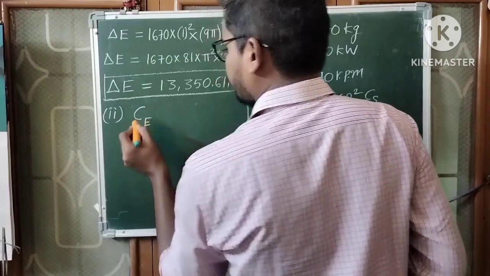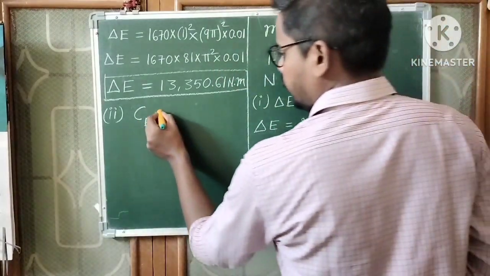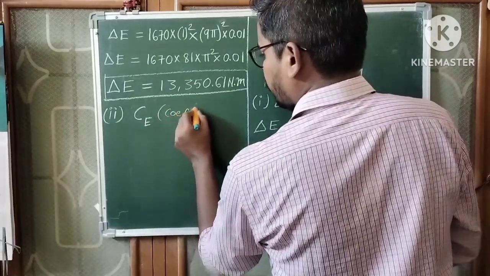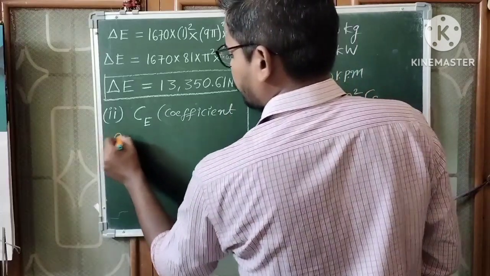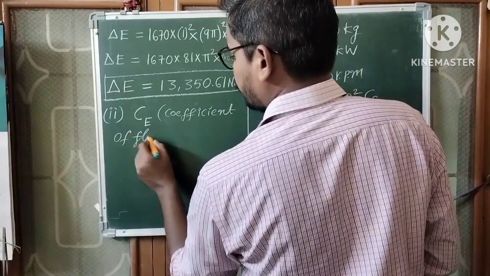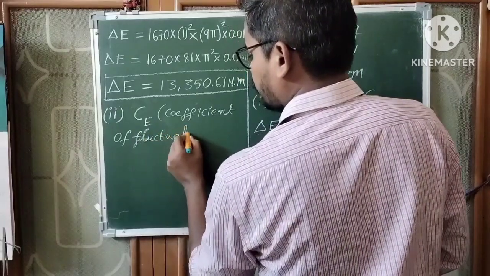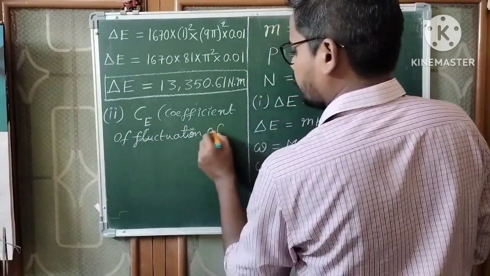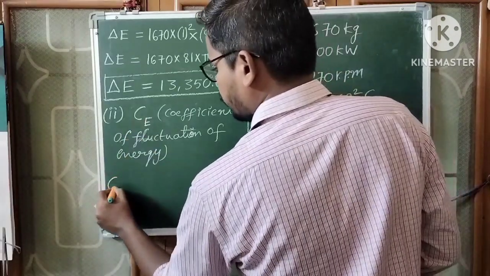So next question, the coefficient of fluctuation of energy, denoted by CE. So there is a formula.